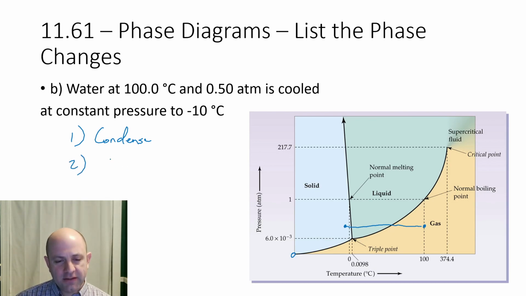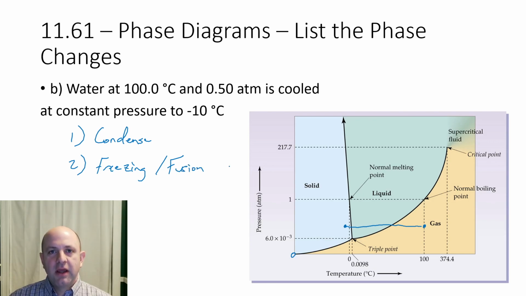And that phase change we can either call freezing or fusion, because that's taking the liquid and fusing it, making it combine into a solid. So in this case, even though it's one temperature change, we have two phase changes. So always watch out for that. There might be more than one answer.